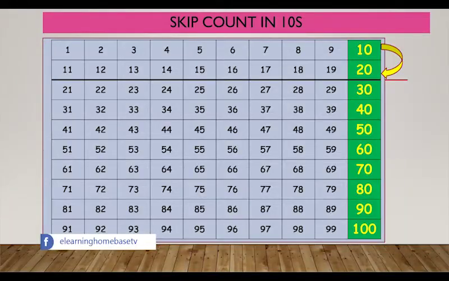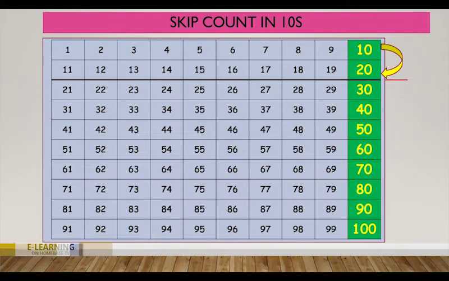We skip 51 to 59 to get our next number, 60. We skip 61 to 69 to get our next tens, 70. We skip 71 to 79 to get our next tens, 80. We skip 81 to 89 to get our next number, 90.